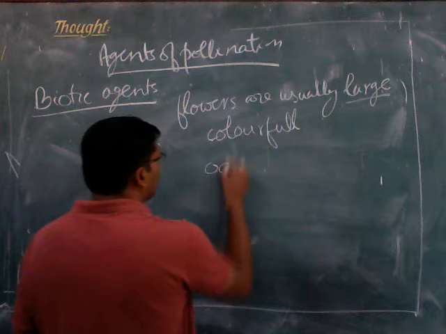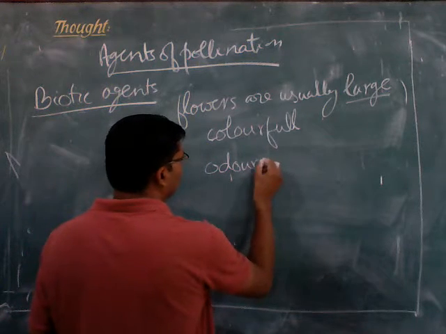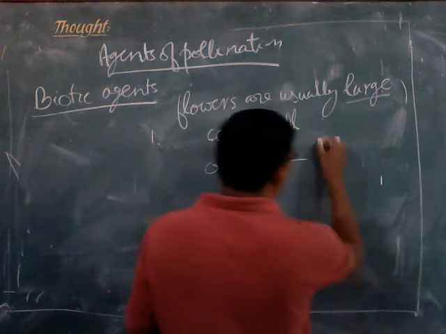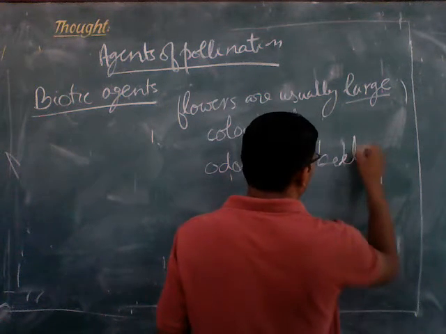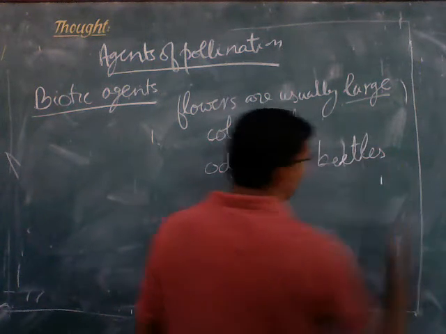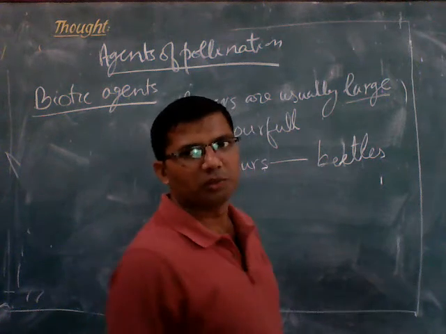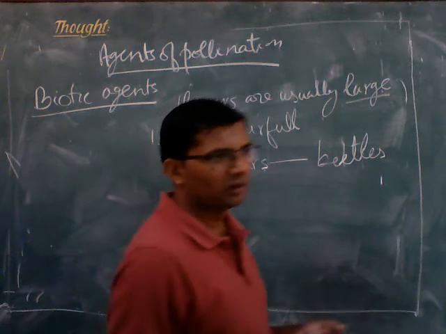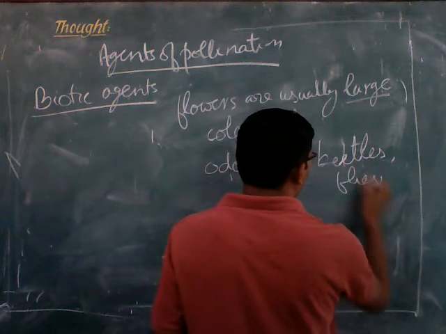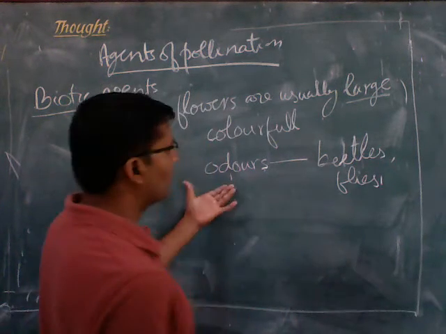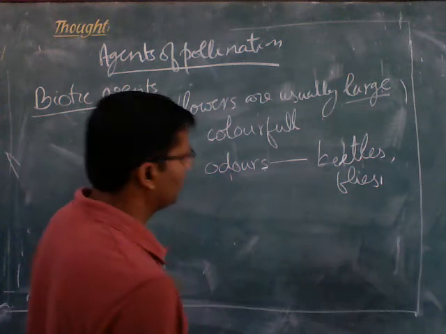Then they have certain odor. Okay. For example, many beetles are attracted because of the odor of the flower, and they go to the flower because of the odor, and they help in the pollination.